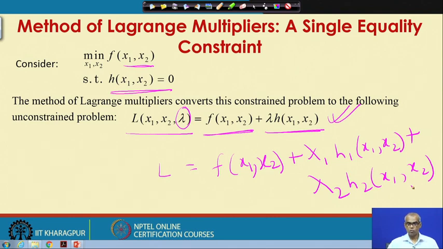So this is how you get the unconstrained problem using the Lagrange multiplier.